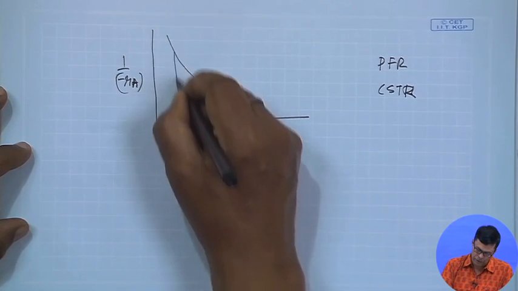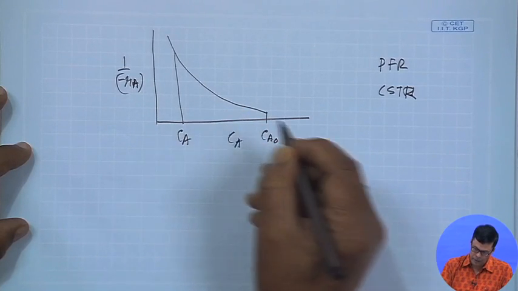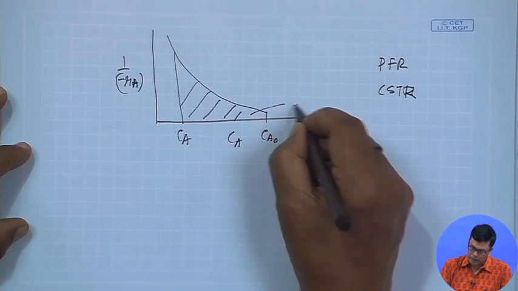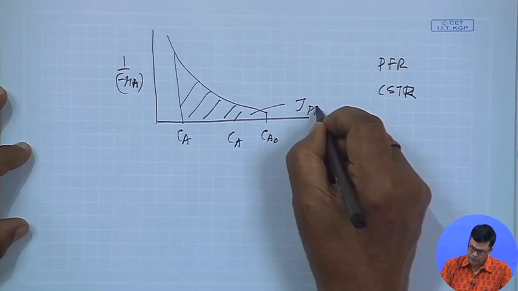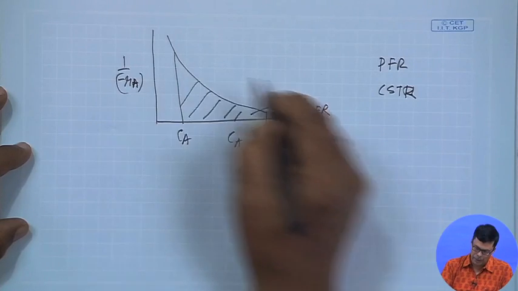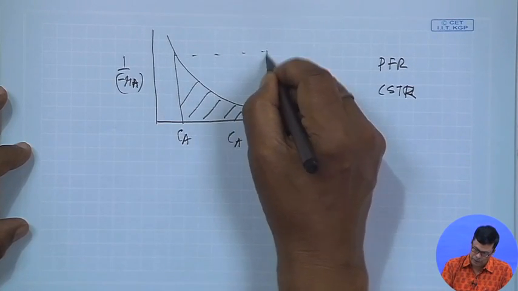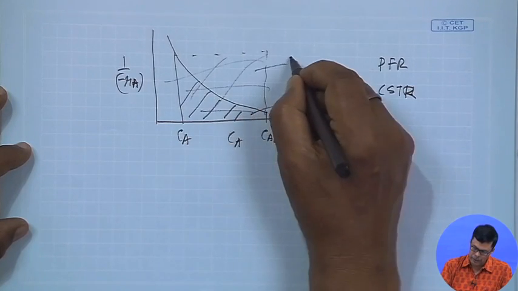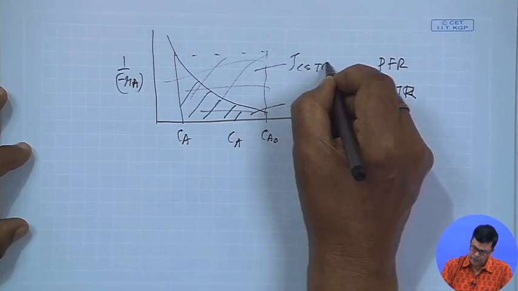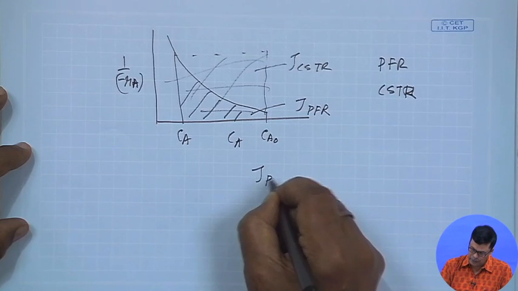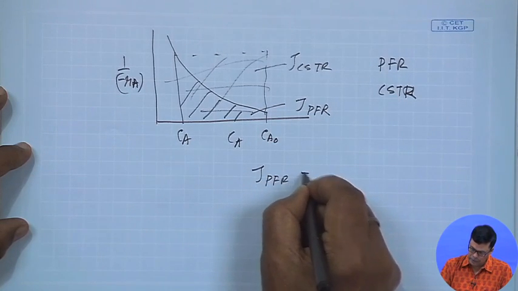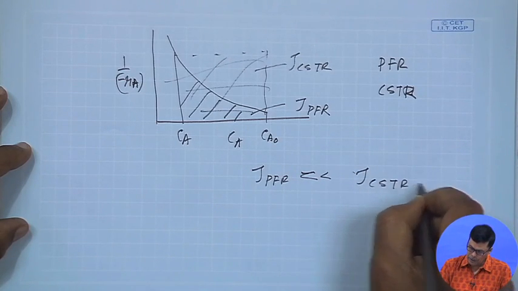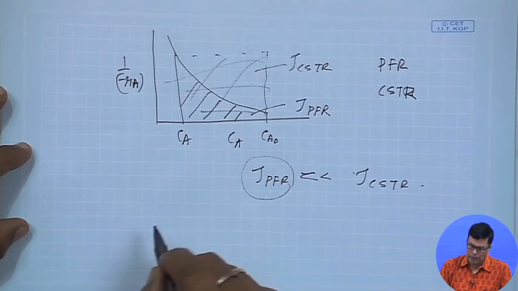This is CA0 and this is CA. In the case of the plug flow reactor, the area under the curve is tau plug flow reactor, the space time, and in the case of CSTR, the area under this curve will be tau CSTR. Now tau plug flow reactor here is much less than tau CSTR. So we will go for the plug flow reactor.